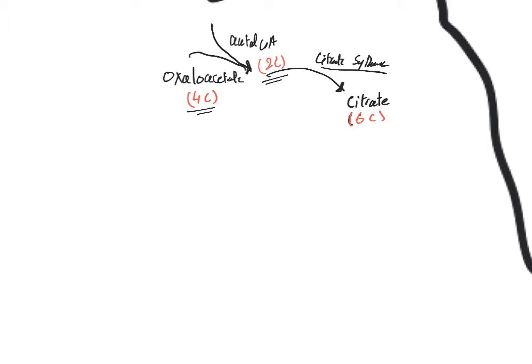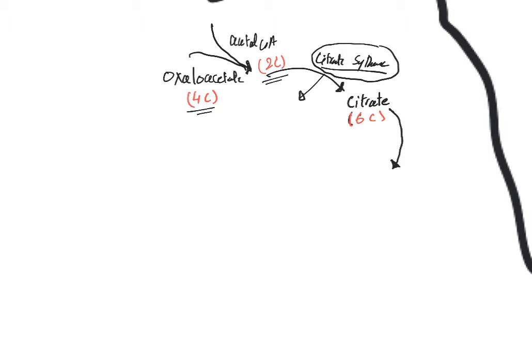So citrate is a 6-carbon molecule, and this is our first regulatory step here. It's only going in one direction. Whenever there is a carbon number change, so we're changing the number of carbons, then this is a regulatory step, okay? And you're going to see this later in the rest of the steps.